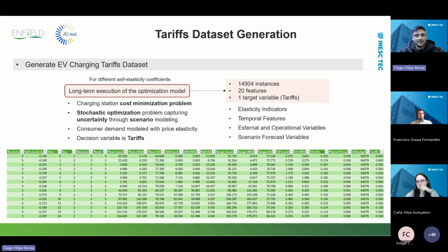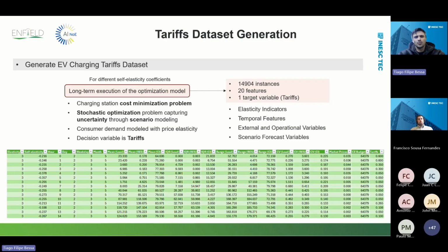Of course, it also handles price elasticity of demand, and the decision variable is tariffs. The long-term execution of this optimization model provided a data set with almost 50,000 instances, 20 features, and one target variable that was, of course, the EV charging tariffs.